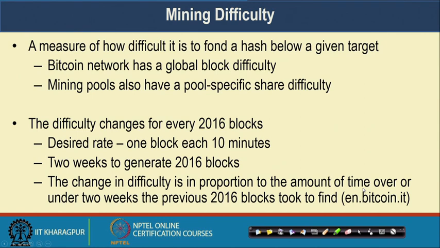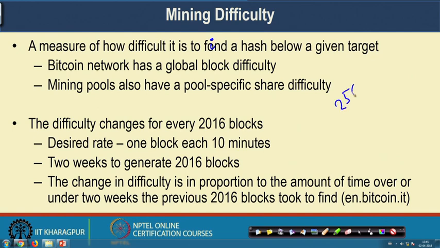Now, we have a term called mining difficulty. This mining difficulty is a measure of how difficult it is to find a hash below a given target. If you remember, the mining procedure says that we generate a 256 bit hash, and we say that there is a mining difficulty.